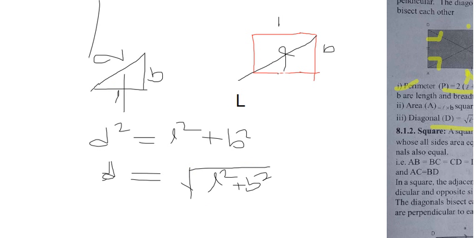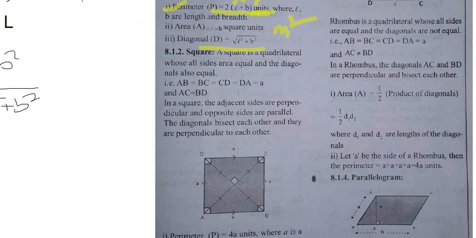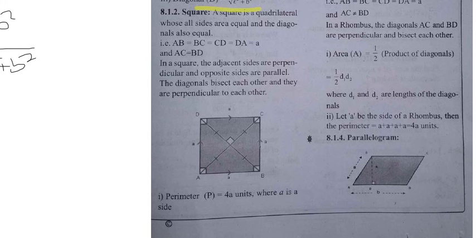Now coming to this point, your diagonal D is equal to under root of L square plus B square. Now next thing is the square. I already explained these, just recall that.